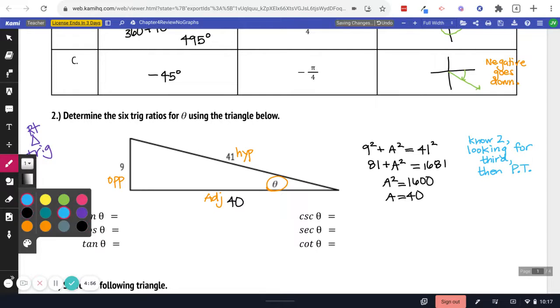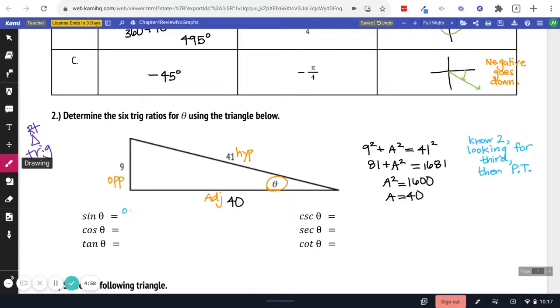Okay. So sine, cosine, tangent, and then cosecant, secant, and then cotangent.